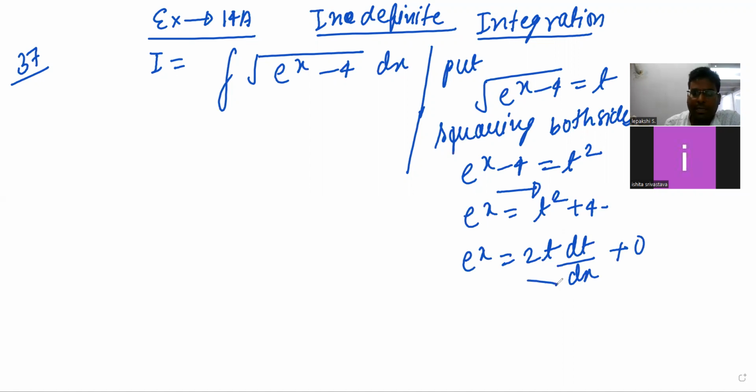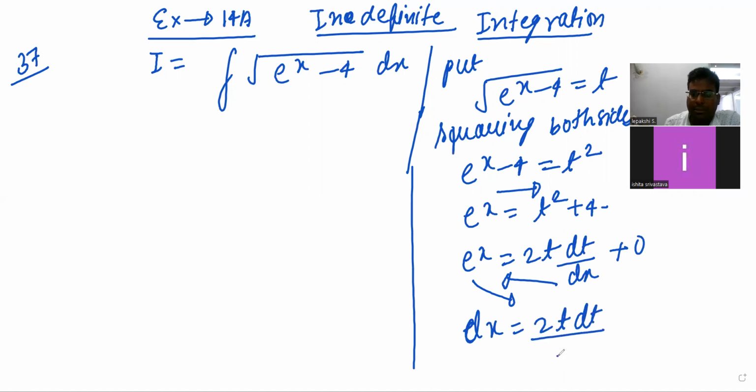So take dx on the left hand side and e raised to x on the right, then it will become dx is equal to 2t dt upon e raised to x, right? And instead of e raised to x, what can we write from here? t square plus 4, right?